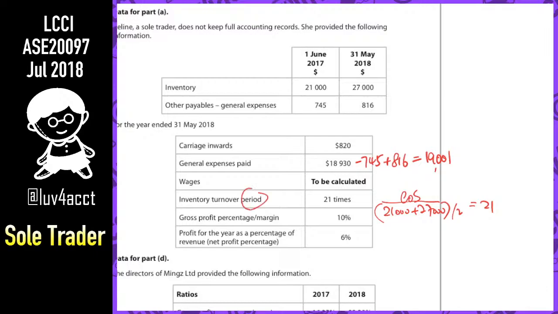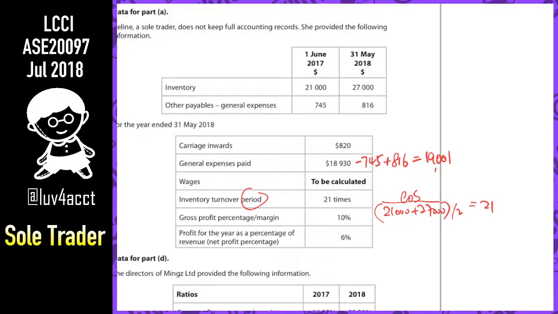Okay, this is not period but inventory turnover, the rate. Okay, 21 times. If it is period, then it is another formula, and represented by the length of time, maybe how many months or how many days. Okay, this is inventory turnover rate.